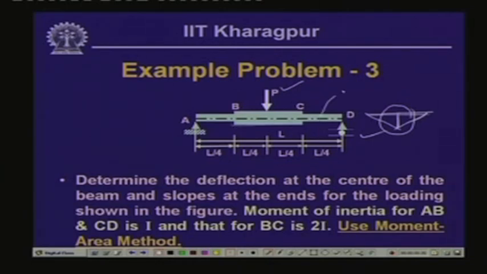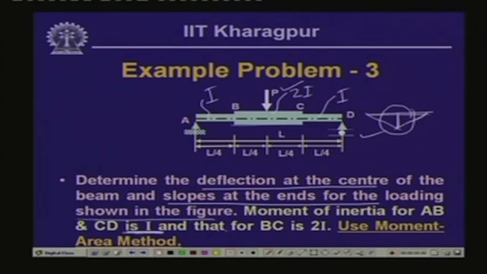Here this part is I, this part is I and this part is twice I, as it is stated in this example: determine the deflection at the center of the beam and slopes at the ends for the loading shown over here, and moment of inertia for AB and CD is I and for BC is 2I.